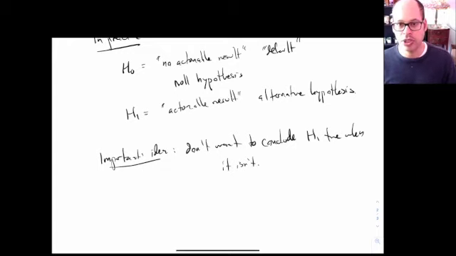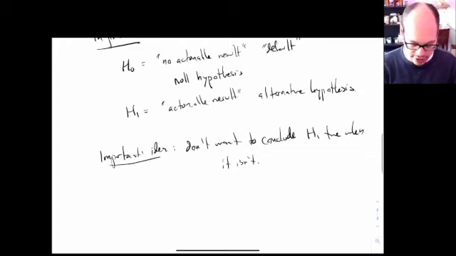So we want to kind of play it safe and conclude H0 unless we're really pretty sure that H0 is false. We want to only think H1 if it's pretty darn likely that it's really H1. We don't want to accidentally say H1 when it's not true.